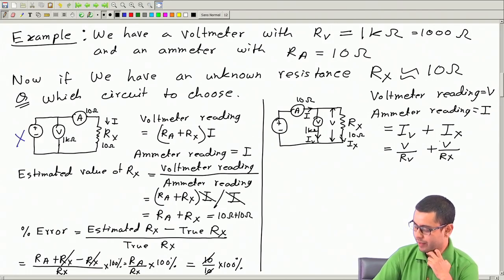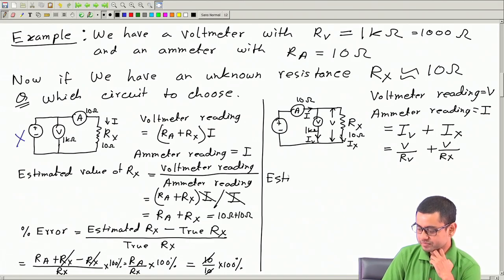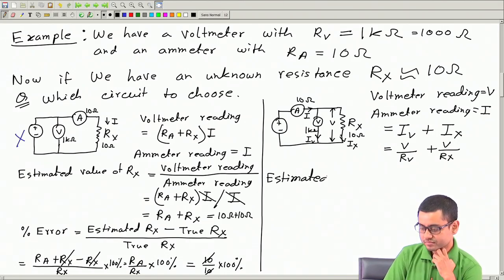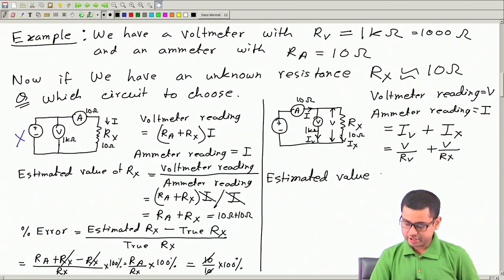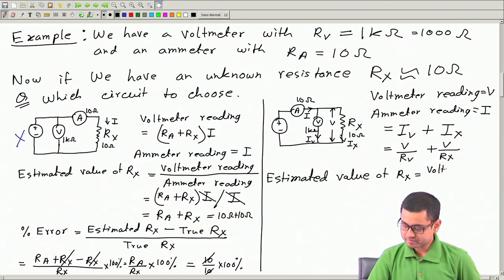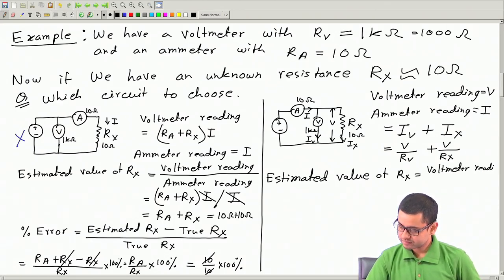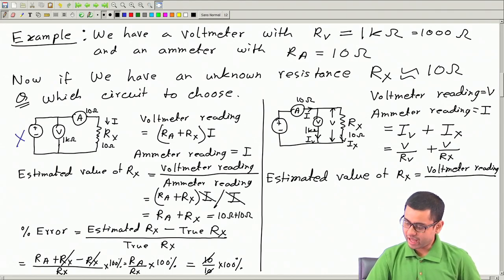Rx. So this will be the ammeter resistance. Then the estimated value of Rx will be the voltmeter reading divided by the ammeter reading.